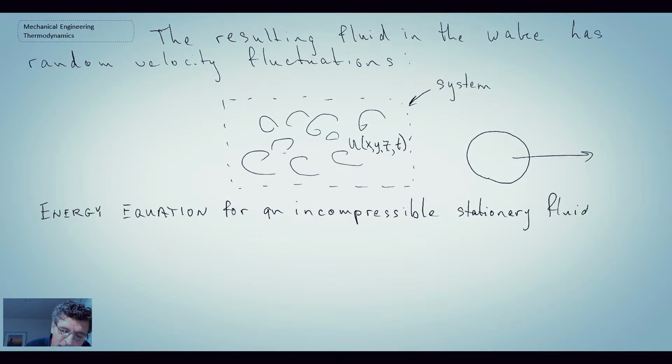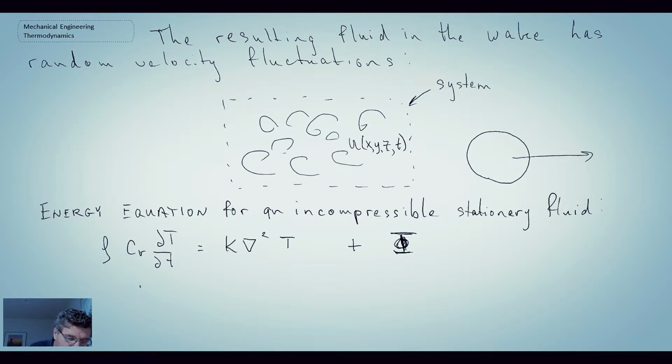And when we say it's a stationary fluid in this sense, that means that it's not moving. It has no net convective velocity. So looking at the energy equation, we would result with an equation that looks like this.